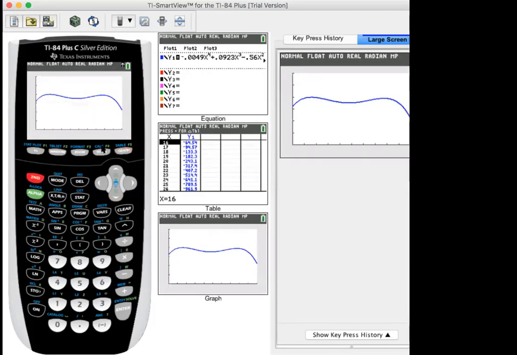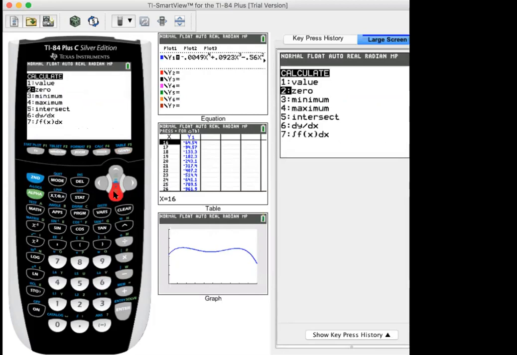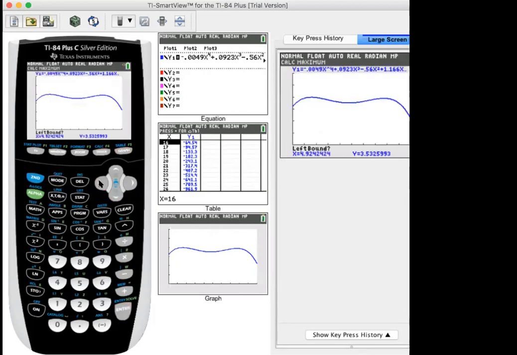So we'll do second calc maximum, and you go to the left of the max, and then hit enter. So I'm to the left of it, enter. Go to the right of the max, hit enter, and then you go somewhere in between.